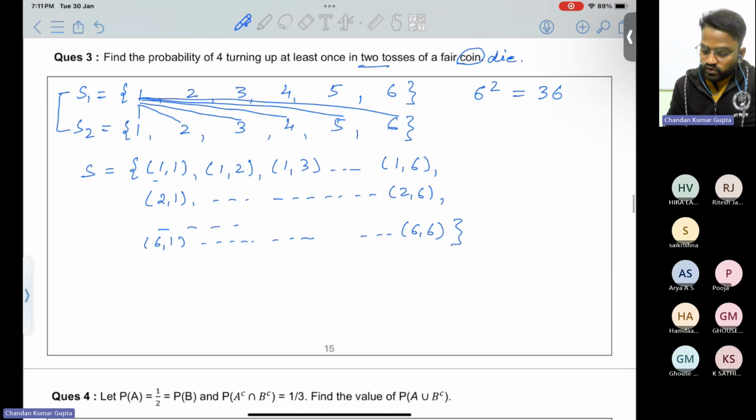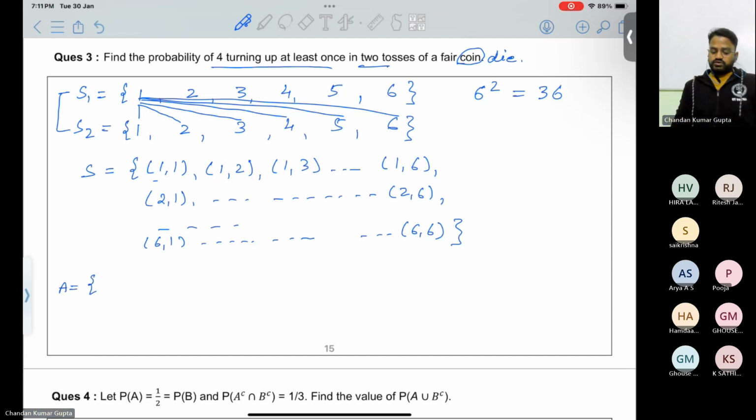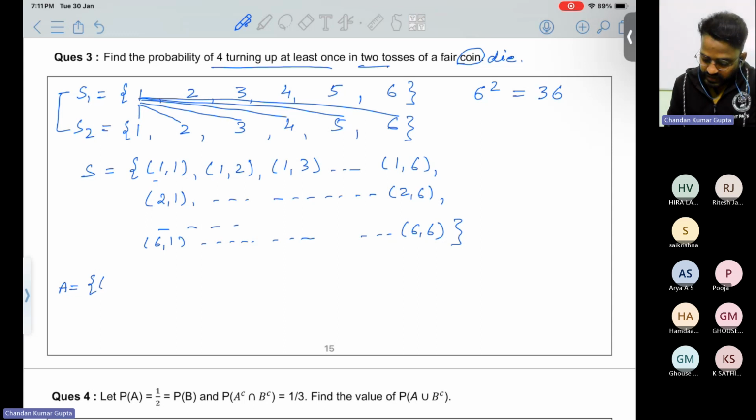Now our aim is to find the 4 turning up at least once. Okay. So we need to write this. Look, how many times do we get 4?